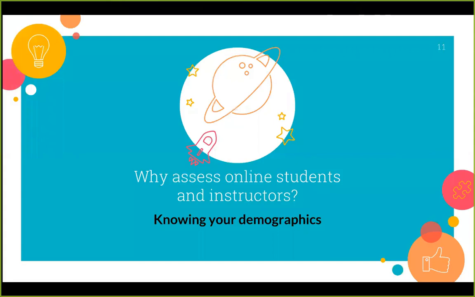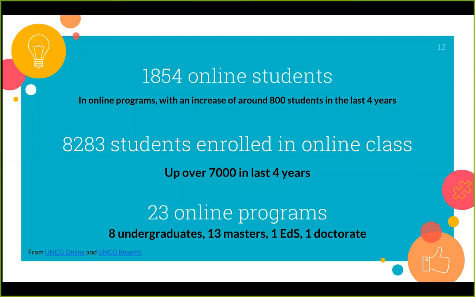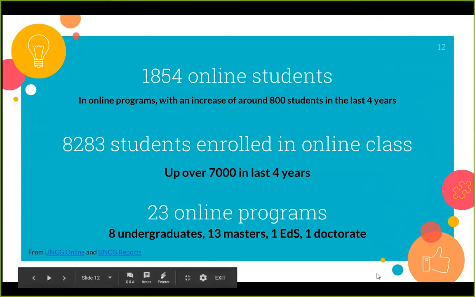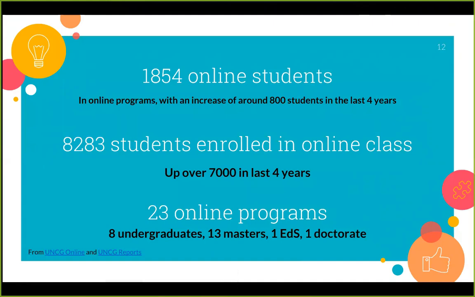So now we're going to go into why I'm talking about assessing online students and online instructors. First, knowing the demographics of your institution. At UNCG, from a report I got from the two links at the bottom, UNCG Online and UNCG Reports, we have around 1,800 online students, enrolled in fully online programs, an increase of around 800 students in the last 4 years.